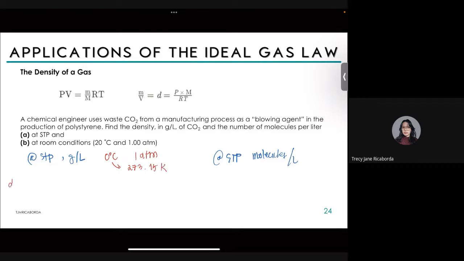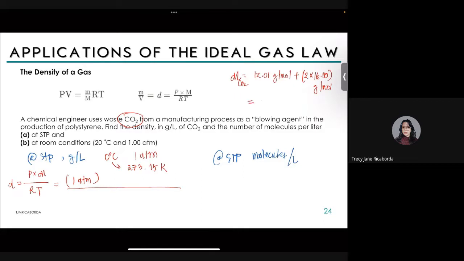Now, density is equal to pressure times molar mass all over universal gas constant times temperature. What's our pressure? It's 1 atm. What's our molar mass? Molar mass ng CO2, that's 12.01, CO2 yan ha, plus 2 times 16.00 grams per mole.